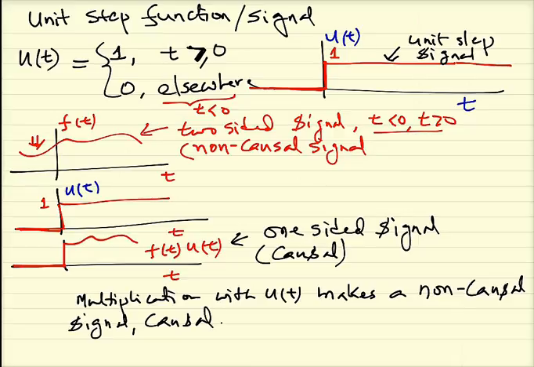If you have a signal which is two-sided and you multiply it with u of t, you get a causal signal which only exists for t greater than or equal to 0. Causal, or one-sided, means it exists only for t greater than or equal to 0. So this is one of the functions of u of t: it makes a signal causal.